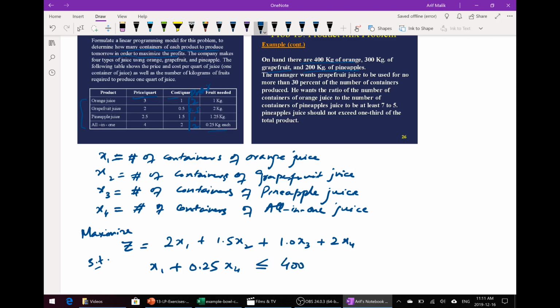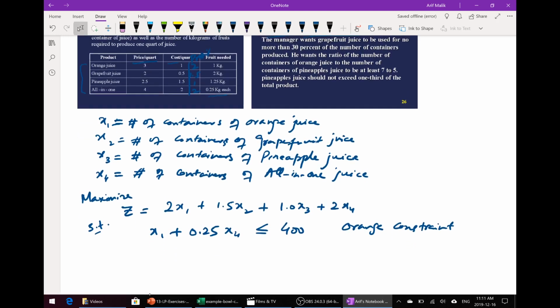So the total we have is 400 kilograms of orange, less than or equal to 400. All right, and then we have grapefruit. The number of containers of grapefruit juice is x2, and the kilograms needed is 2 kilograms.